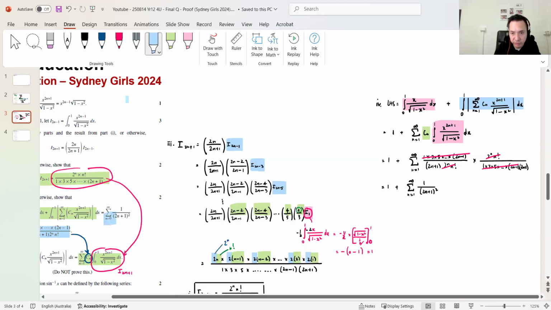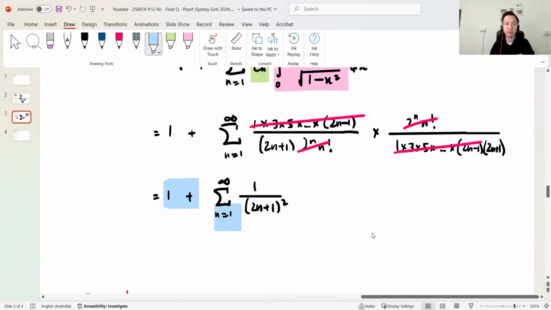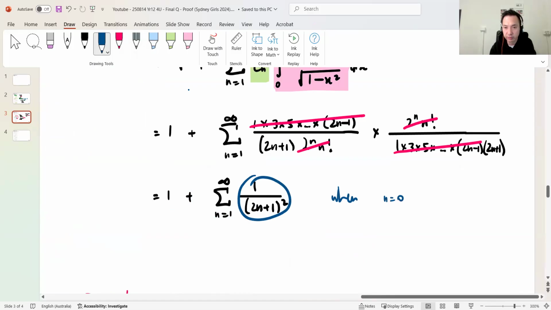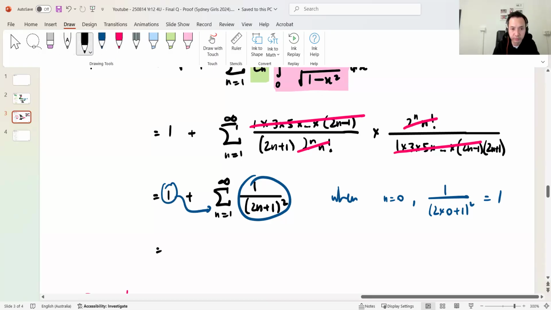So what they've done is bolted the 1 into the sum, because for this expression, when n equals 0, 1 over 2 times 0 plus 1 squared equals 1. So by putting this in here, you get the sum from n equals 0 of 1 over 2n plus 1 squared. Perfect, which is the right hand side.